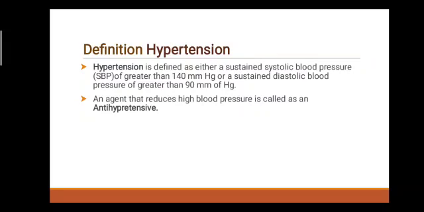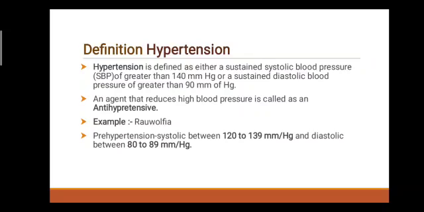An agent that reduces high blood pressure is called an antihypertensive. Example: Rauwolfia. Prehypertension: systolic between 120 to 139 mm of Hg and diastolic between 80 to 89 mm of Hg.